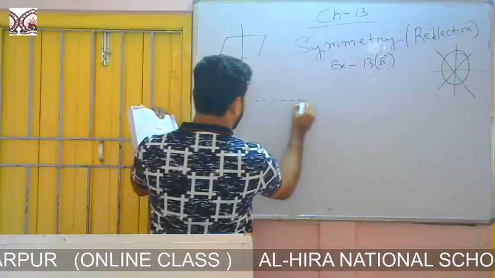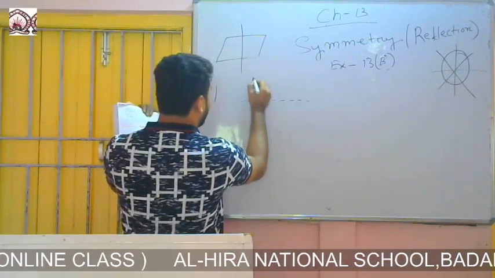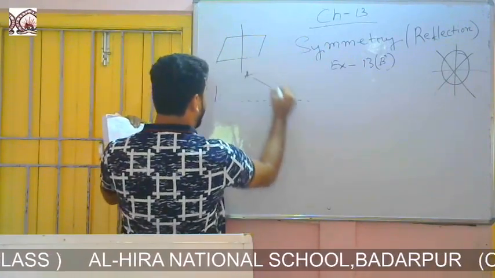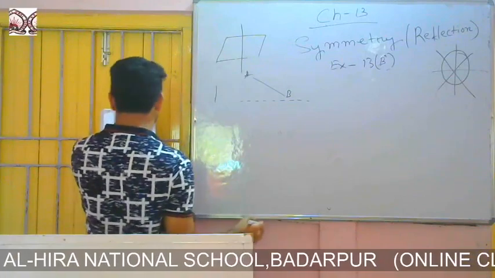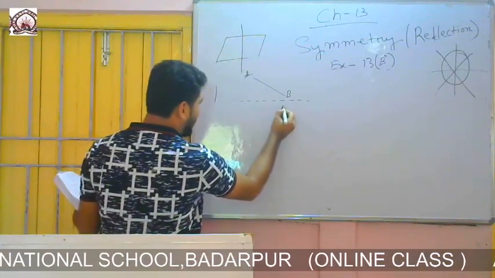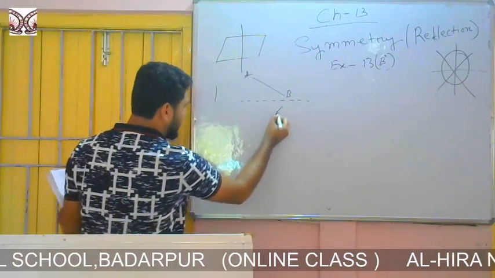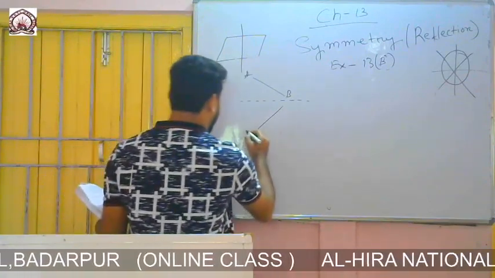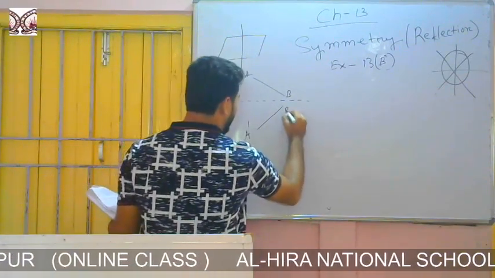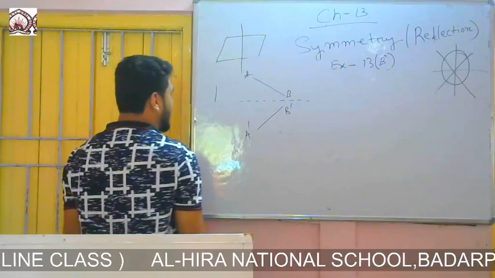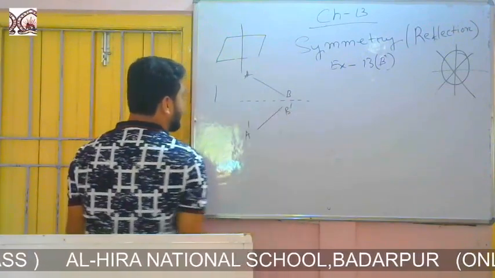This is a mirror. We have to reflect this shape A and B. Then if we put the mirror, we will get like this, and that is the reflected image, and we name them A dash and B dash.